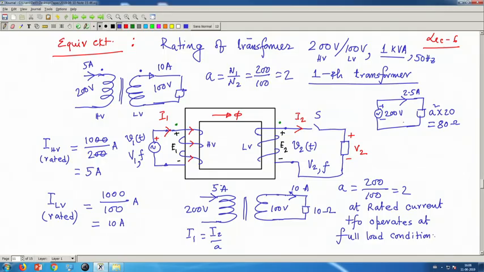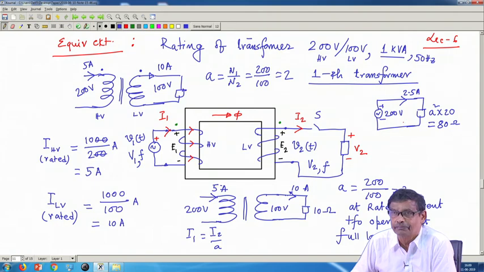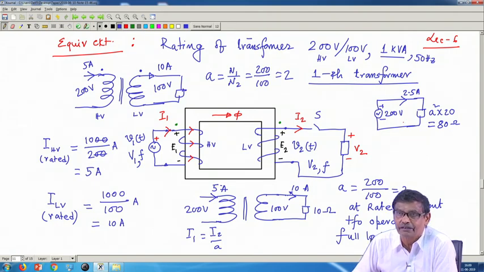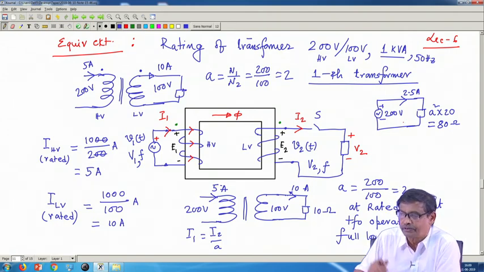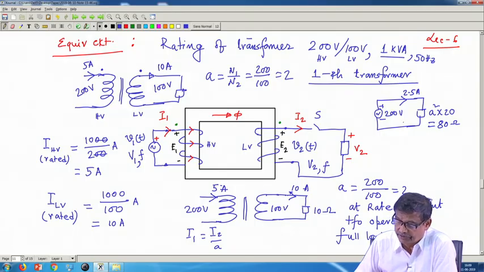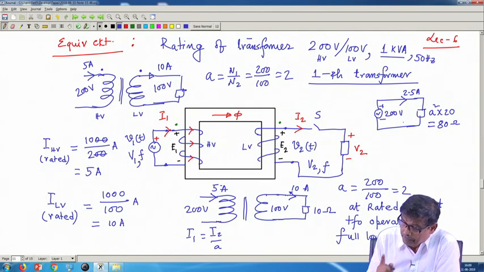Got the point. Another thing, we immediately come to the conclusion that on the high voltage side, voltage is high, current will be less compared to the LV side, where voltage is less, current is high, because the product is to remain the same. If voltage has reduced, current must increase by the same proportion. That is why kVA remains the same, volt ampere. Kilovolt ampere is a very practical unit.